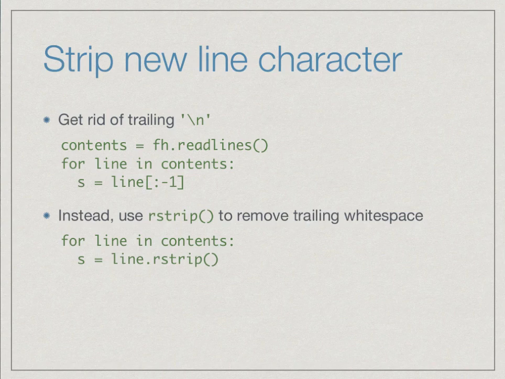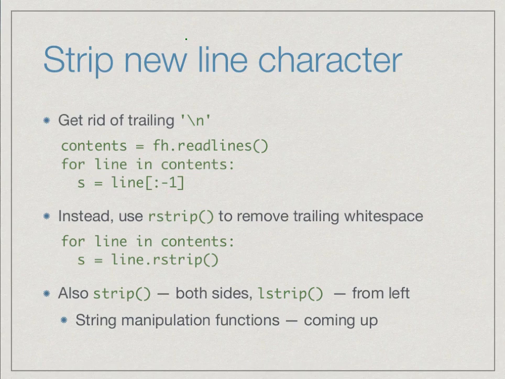In particular, if there's only a backslash n, then it will strip the backslash n. It will also strip other junk if there are spaces and tabs before the backslash n, and return that. So s equal to line.rstrip, that is, strip line from the right of white space. This is equivalent to the previous line, except it's more general because it strips all the white space at the end of the line, not just the last backslash n.